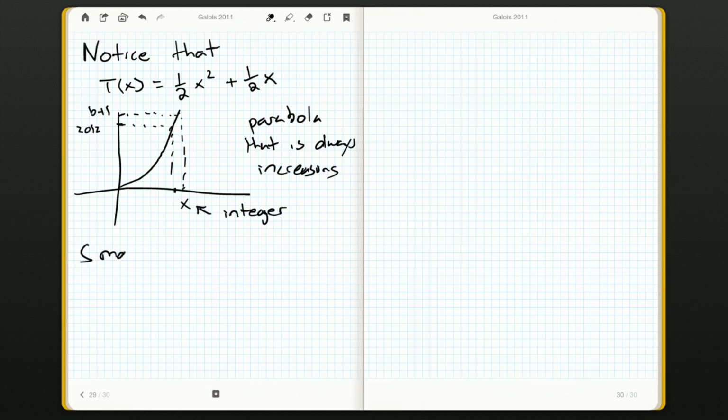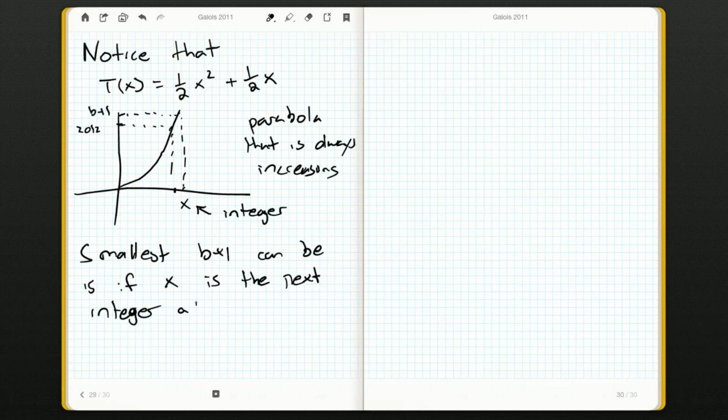So the smallest that b plus 1 can be is if x is the next integer after the solution to 2012 equals this equation here, which we probably shouldn't use x again, we should use, I don't know, y.